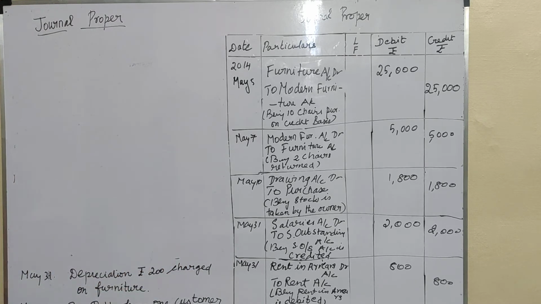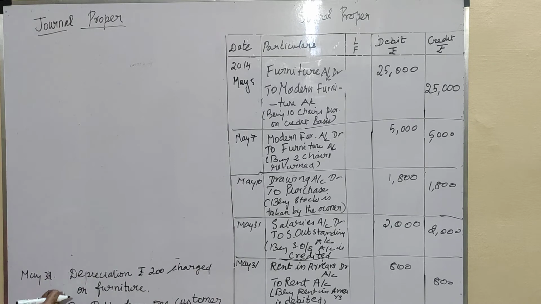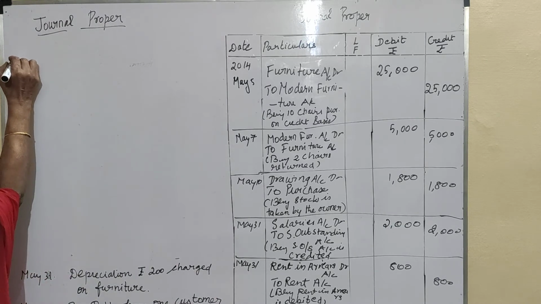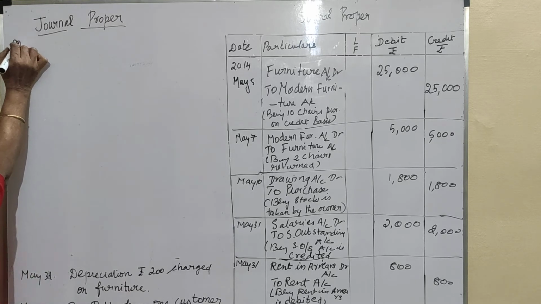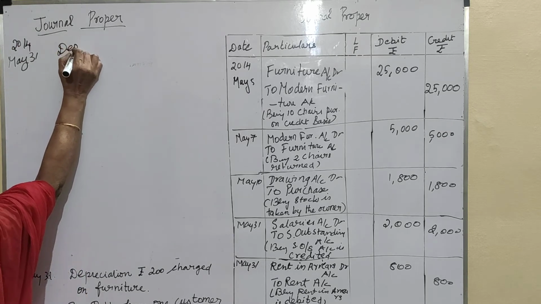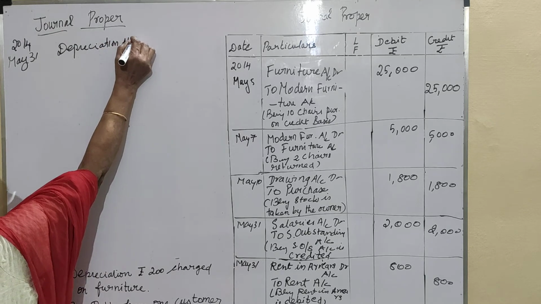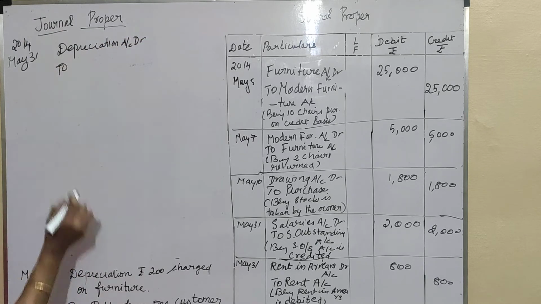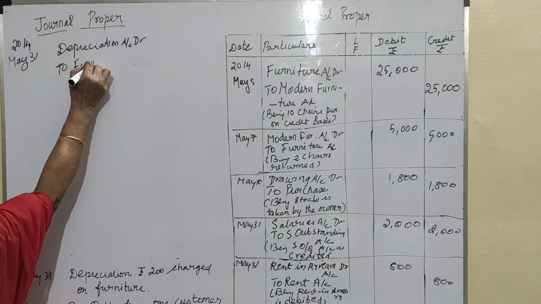Next, depreciation account. When an asset is increasing in value, it should be debited. When an asset is decreasing in value, it should be credited. This is May 31st, 2014. Depreciation account is debited to depreciation on furniture, to furniture account.